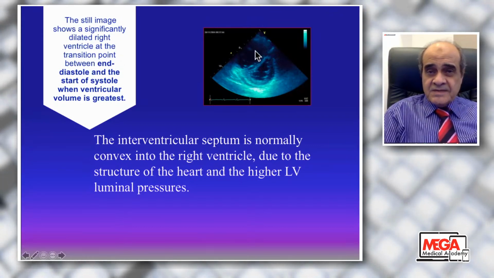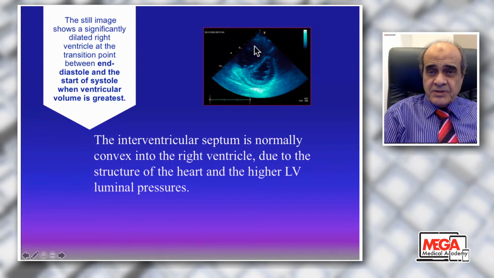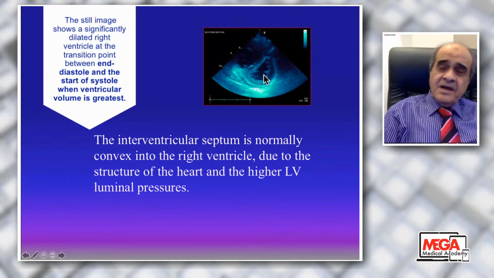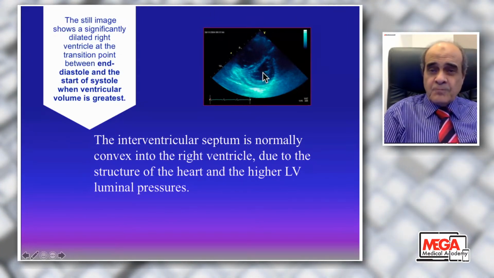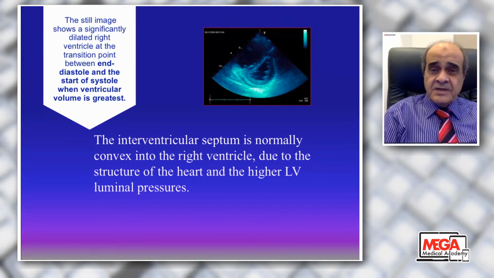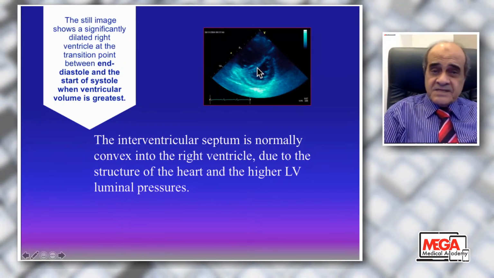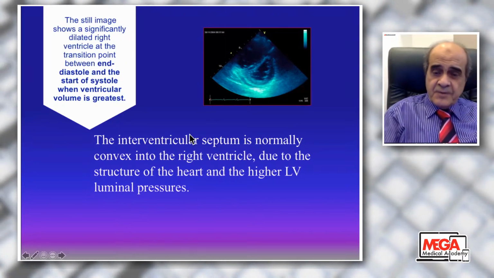So there is a high right ventricular pressure here, pushing the septum towards the left ventricle. And so the capacity of the left ventricle is low, or preloading of the left ventricle is low, the cardiac output is low, and consequently the blood pressure is low and the patient is hypoxic.